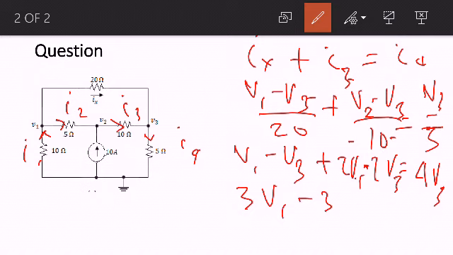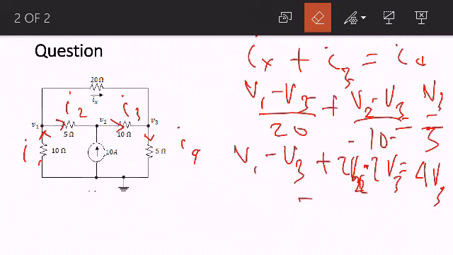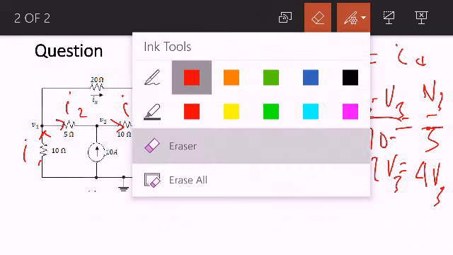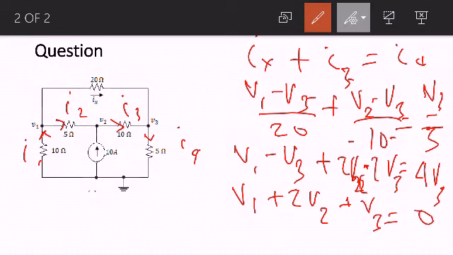Sorry, that's a mistake. This should be a V2 here. So let's rub off our mistake. If we continue from there, we get V1 plus 2V2 plus V3 all equal to 0. You can write that down: V1 plus 2V2 plus V3 equal to 0.